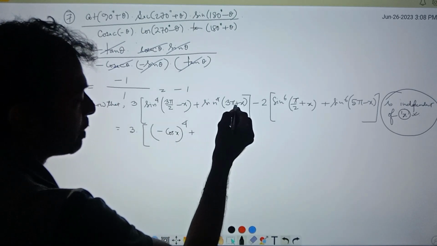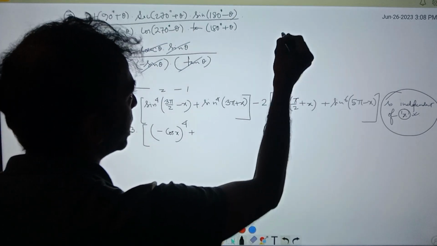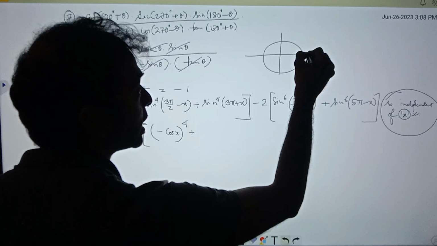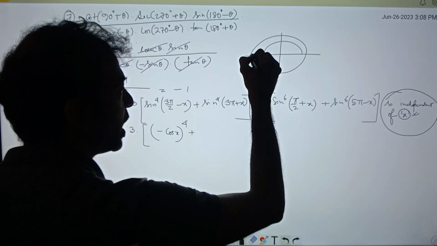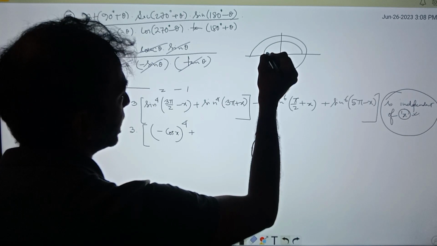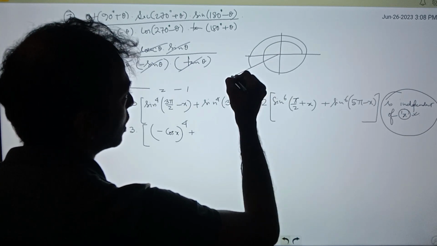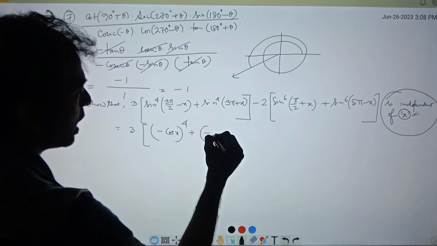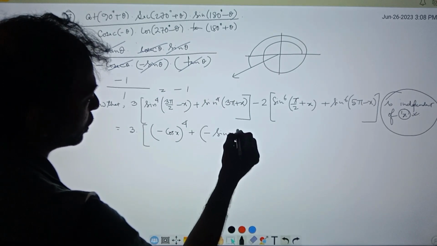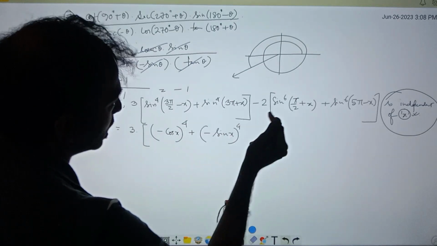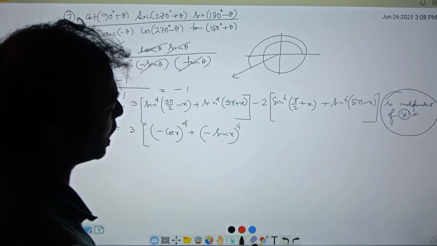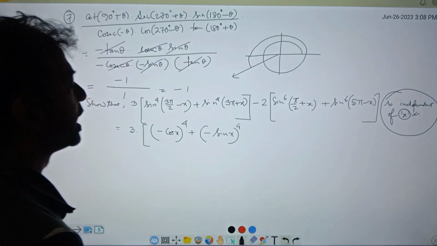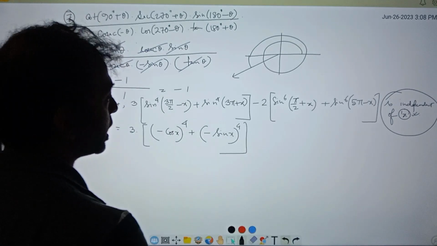And in case of 3 pi plus x, this is our pi, this is again a pi, that is 2 pi, then again a pi, that is 3 pi rotations, and then plus x, so the angle is in the third quadrant, and in the third quadrant sine is always negative. And the trigonometric ratio is not going to change here, because pi is an even multiple of 90 degree, so 3 pi is by default an even multiple of 90 degree. So that is going to be minus sine x whole power 4.